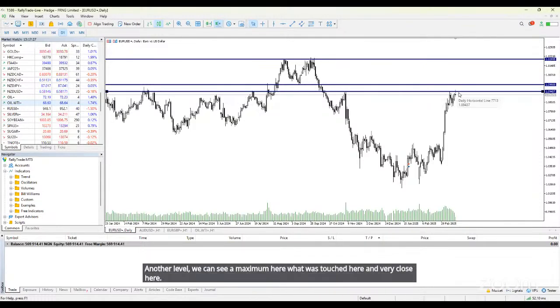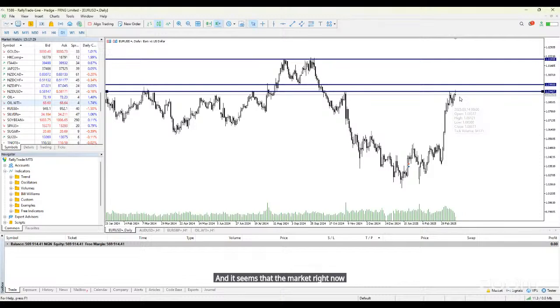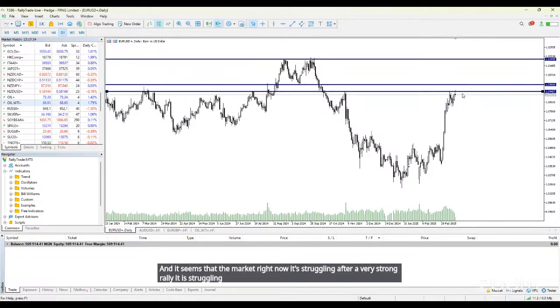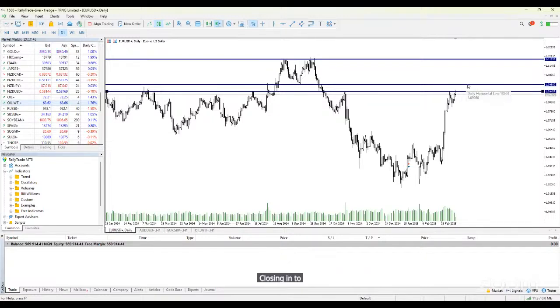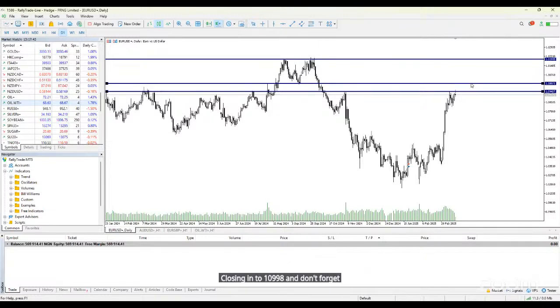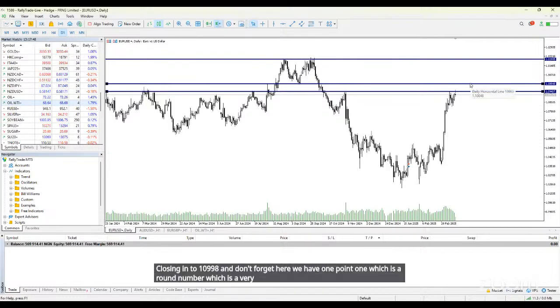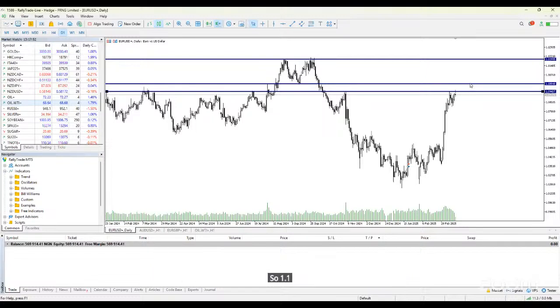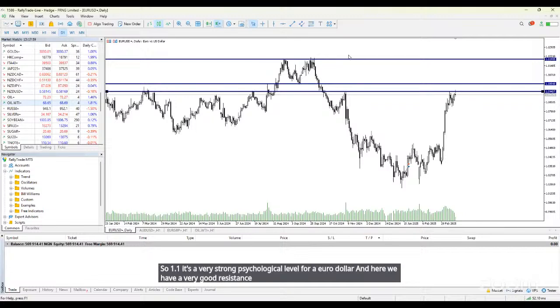And it seems that the market right now is struggling after a very strong rally. It is struggling to go above this 109.43, closing in to 109.98. And don't forget, here we have 1.1, which is a round number, which is a very strong psychological level. So 1.1 is a very strong psychological level for a euro dollar. And here we have a very good resistance area, right?